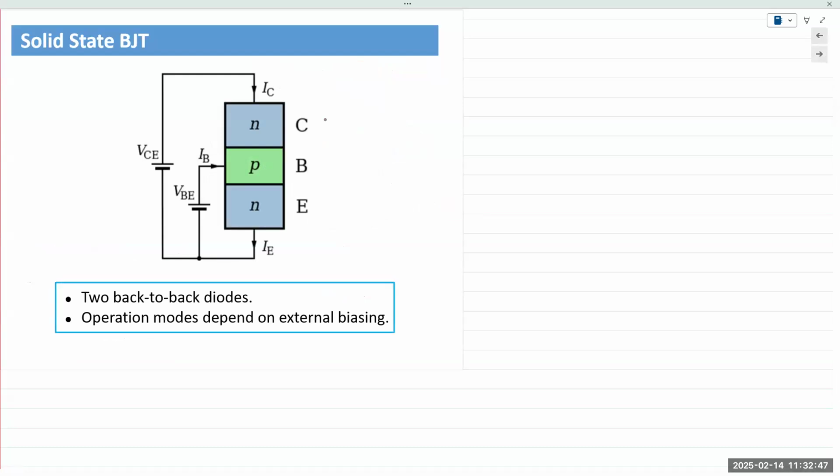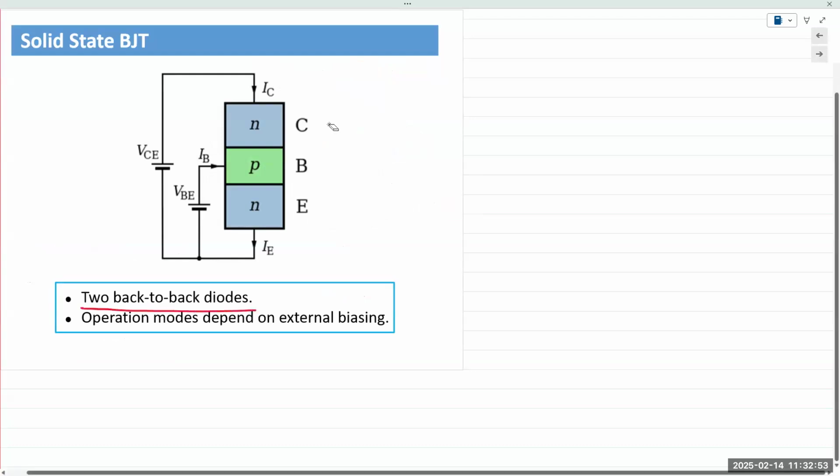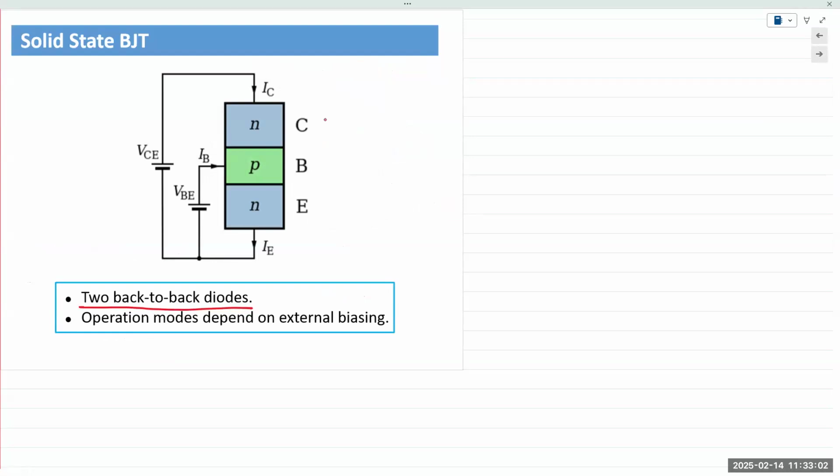In terms of physical construction, we can simply state it's two back-to-back diodes. Depending on the biasing that we apply, these junctions would either be forward biased or reverse biased. And if that's the case, then it should function like a diode, right?